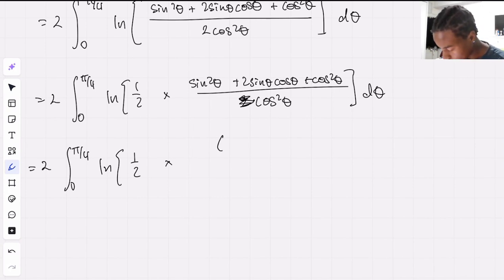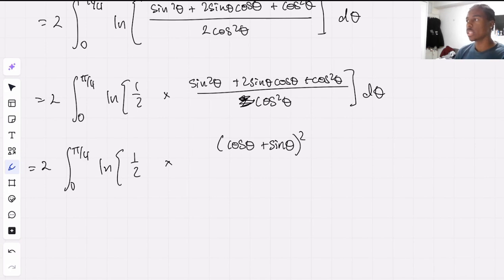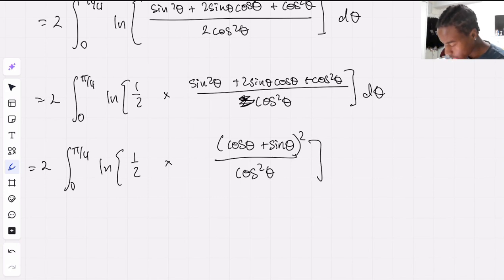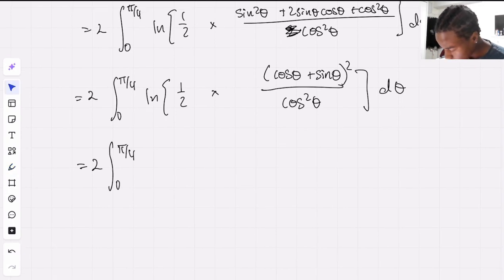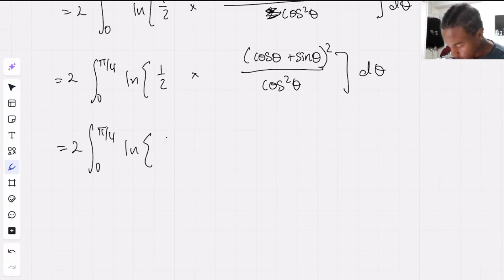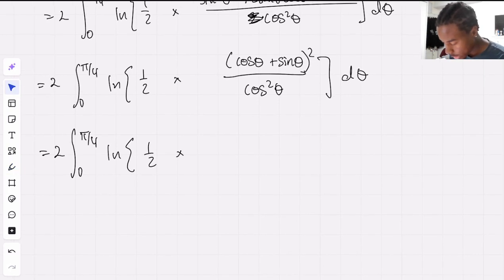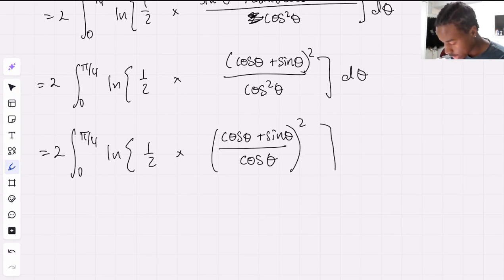It factorizes to cos beta plus sine beta, all squared, if you think about it, because I'm going to have that cosine term squared, then cos theta sine theta twice, and then that sine theta squared. So this becomes the integral of ln of a half times cos beta plus sine beta all over cos beta, squared, d theta.